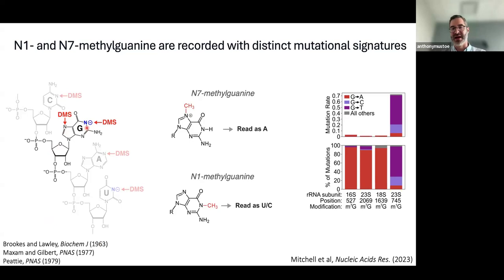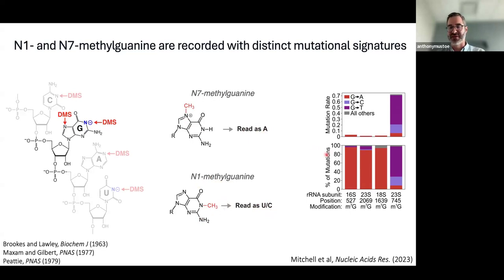And so we thought that potentially we'd stumbled into a way to measure these N7 modifications, and specifically that N7 modifications were being read as A, whereas these N1-methylguanine modifications were being read out as U's and C's.